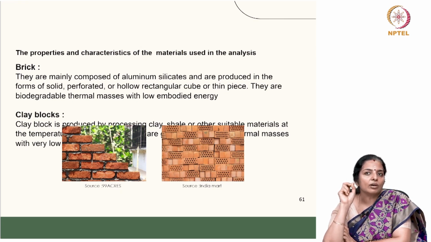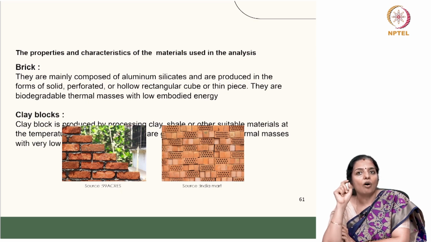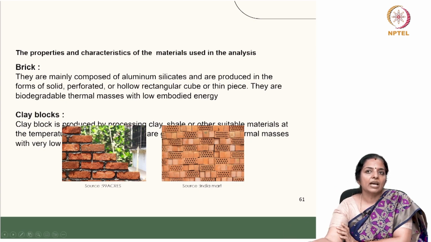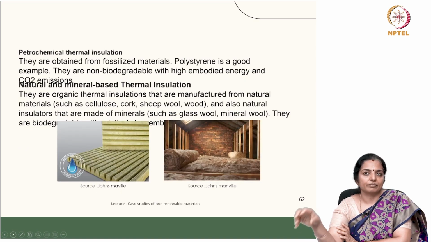Whereas clay block is produced by processing clay, shale or other suitable materials at 930 degrees centigrade. They are good biodegradable thermal masses with very low embodied energy as compared to the thermal performance they would give.